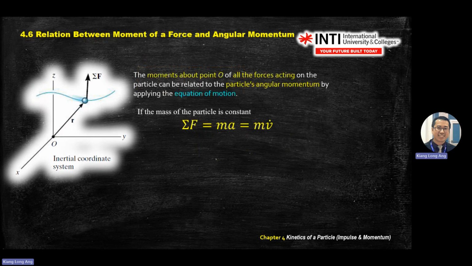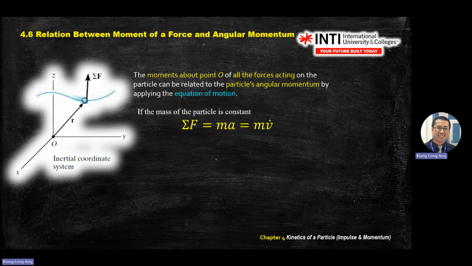So we can use angular momentum or F equal to ma to solve our problems here. If there's a particle moving along the pathway, but there's an external force acting on the body, we can convert the force into mass and acceleration, ma.